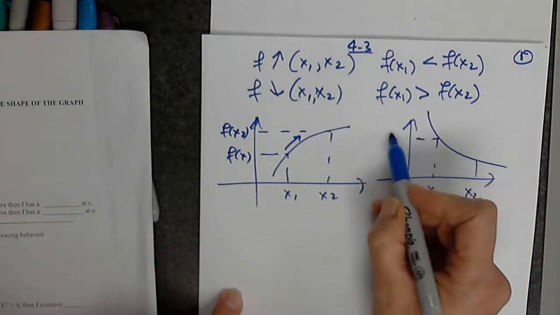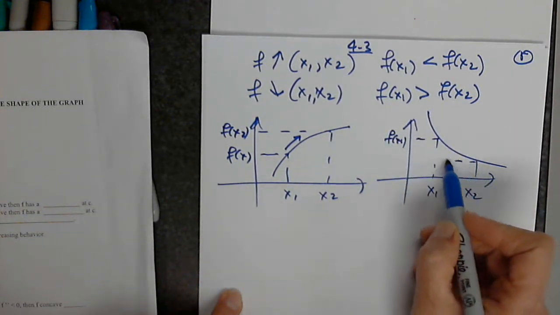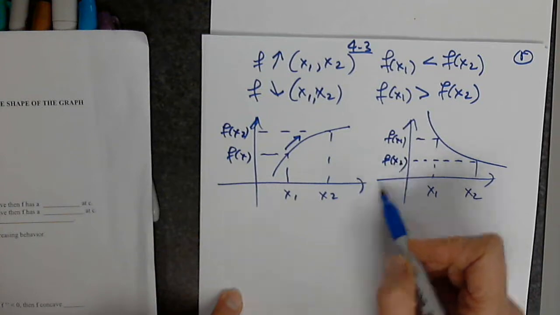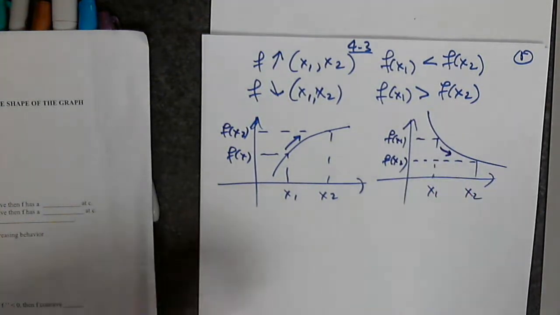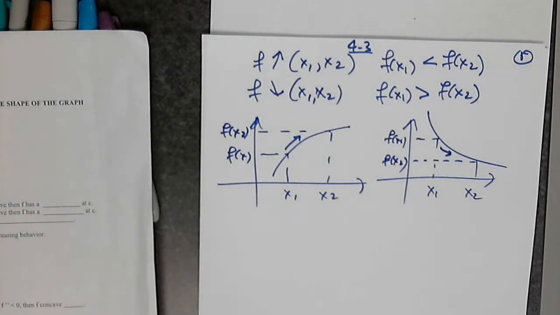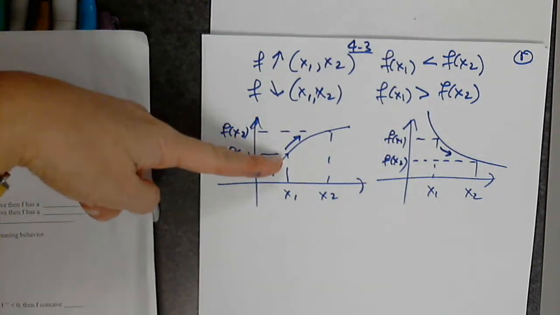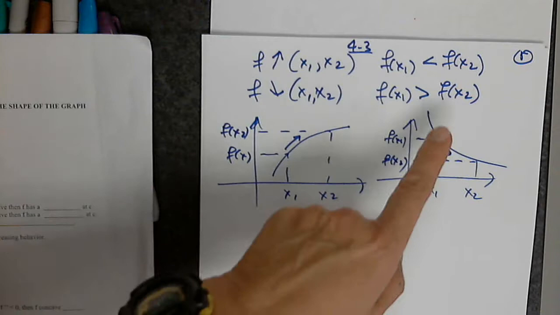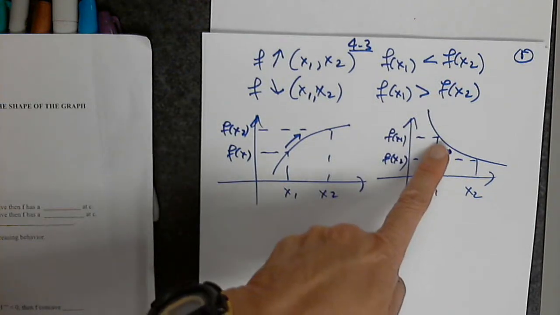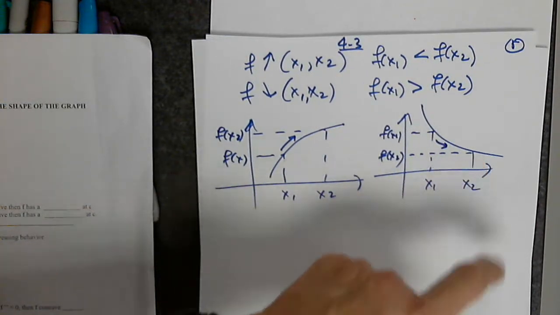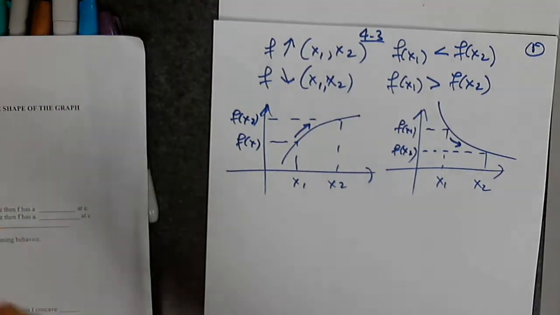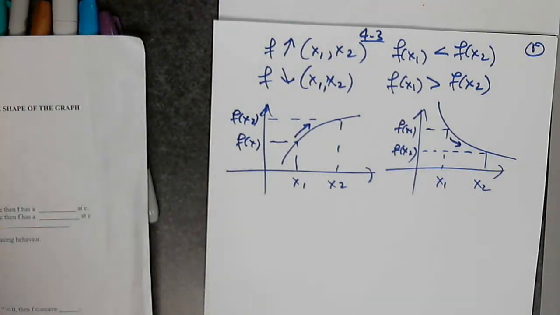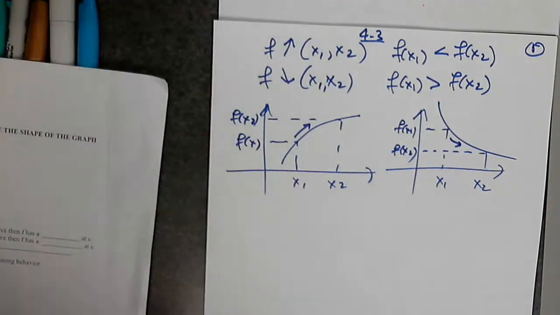Why? Because f of x1 is larger than f of x2. So it's decreasing. So this is for an increasing function, f of x1 less than f of x2, and this is for a decreasing function, f of x1 is greater than f of x2. But this is what we know from algebra, from pre-calculus, and so on.